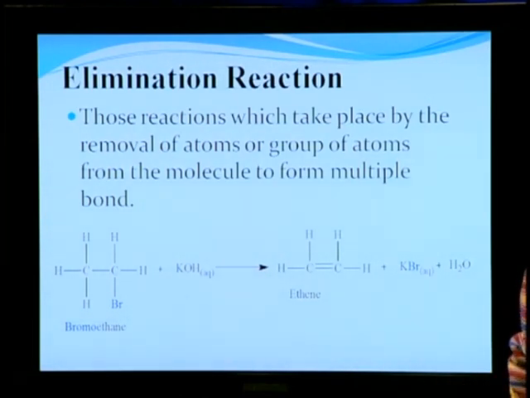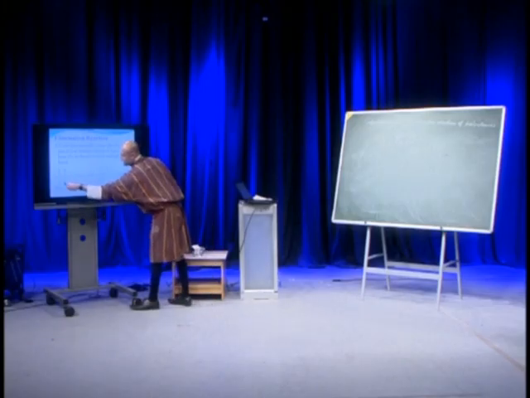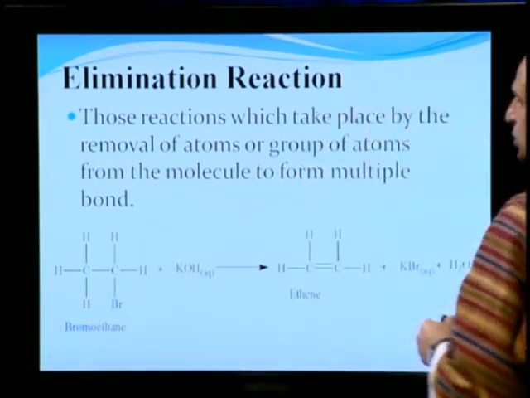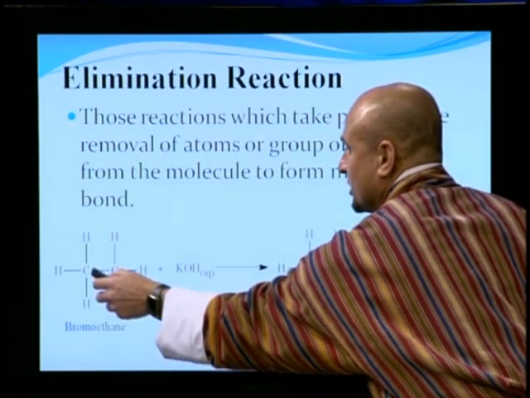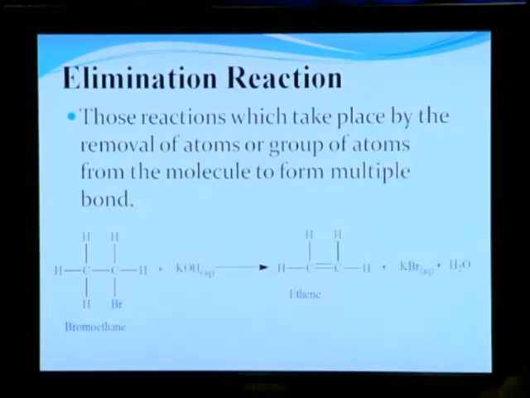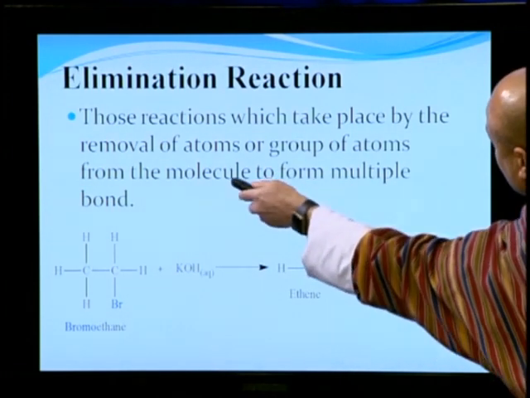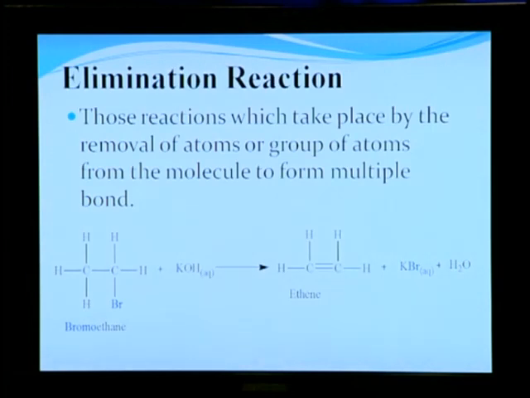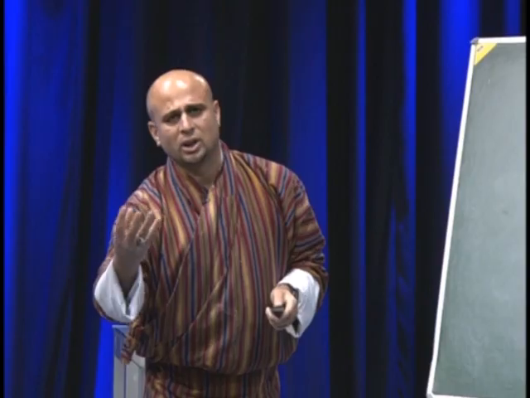For example, in this compound, when this bromine from this carbon and hydrogen from this carbon go out together as HBr, this results in the formation of multiple bond, which is double bond in this case. When I say multiple bond, it could be double bond, or it could be triple bond.